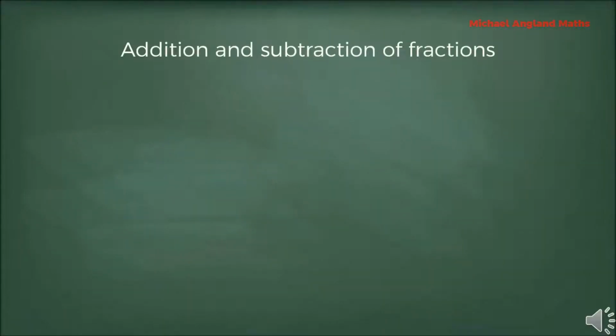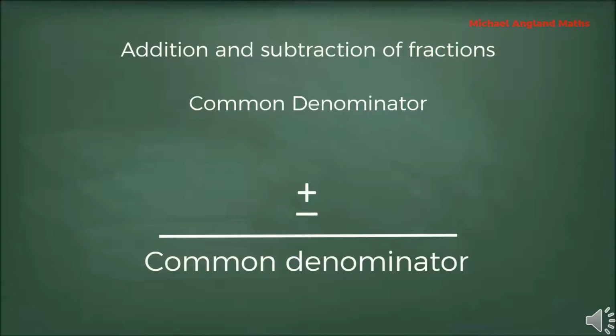Addition and subtraction of fractions. A common denominator. What's a common denominator? Well, it means no matter what we have up top in the way of the numerators, the denominators for both or for all three, or however many fractions we have, stays the same.